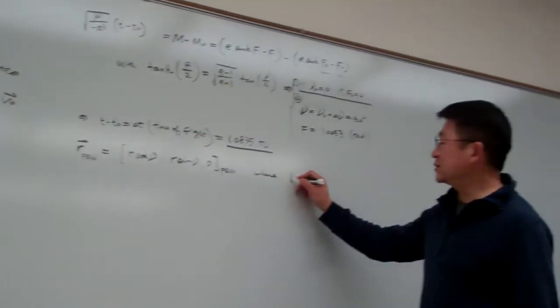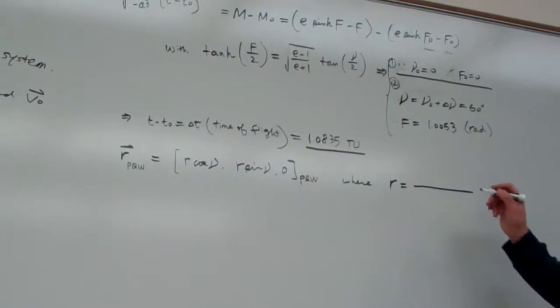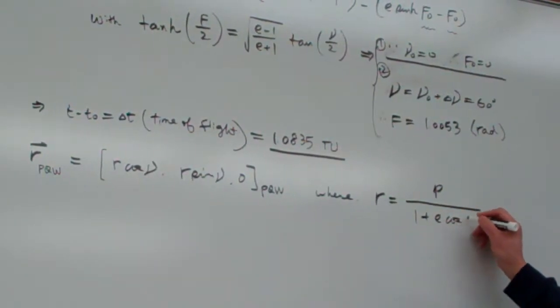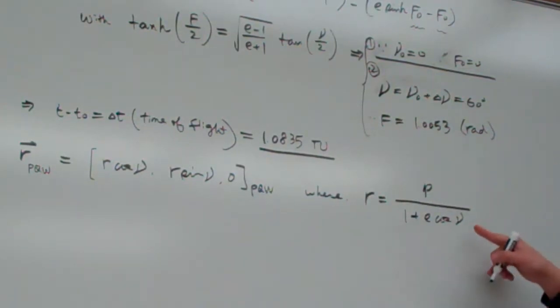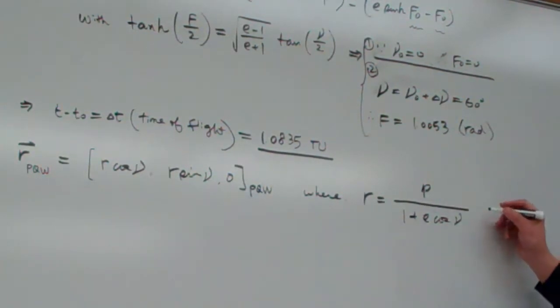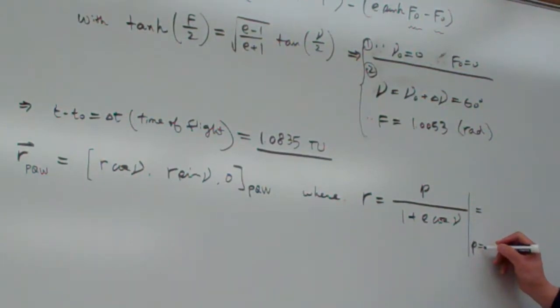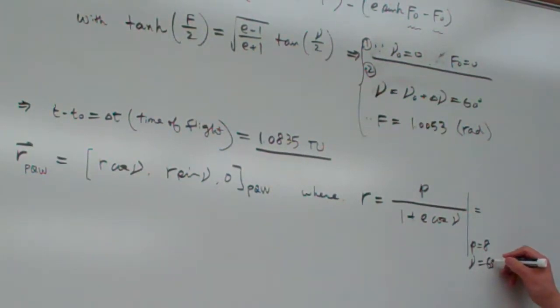R is the distance, and we can use our orbital equation, p over 1 plus e times cosine nu. Right now, because at that moment we calculated nu equal to 60 degrees, the p is from our orbital element determinations, and nu is from the calculation here.